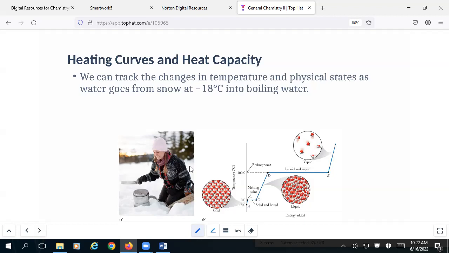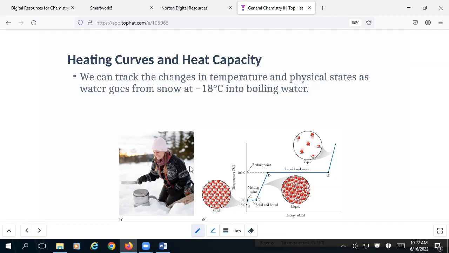If we started with snow down here at -18 Celsius, in order to get it up to the point where we could boil it, we'd have to undergo several processes. First, we'd have to heat it from that -18 degrees up to the melting point of ice, so 0 degrees. That would be one heating phase.